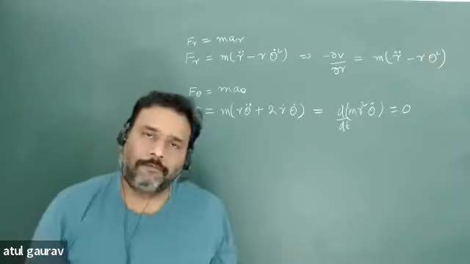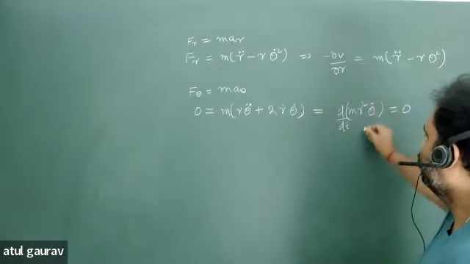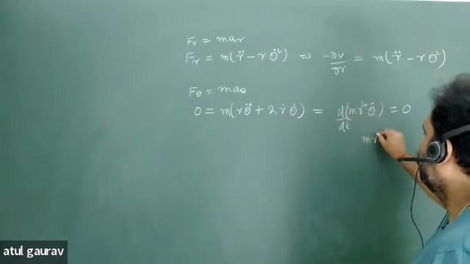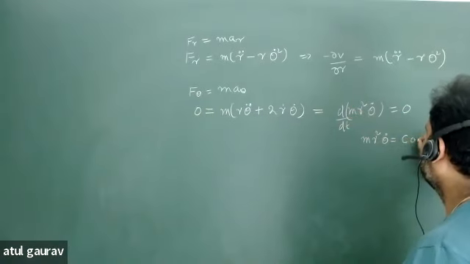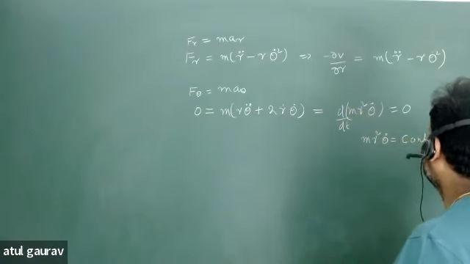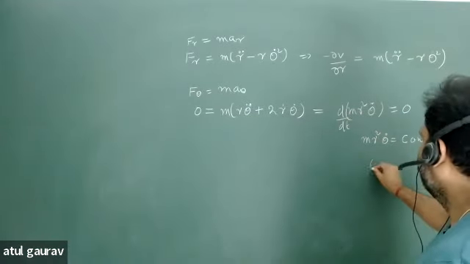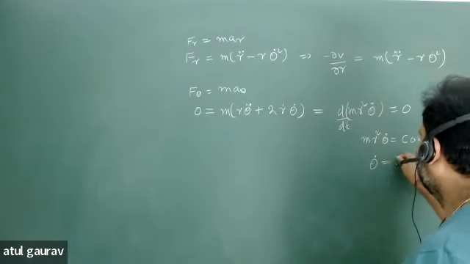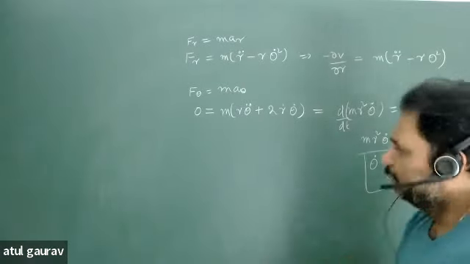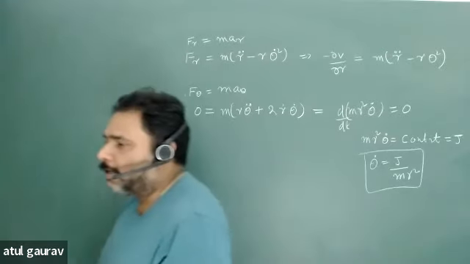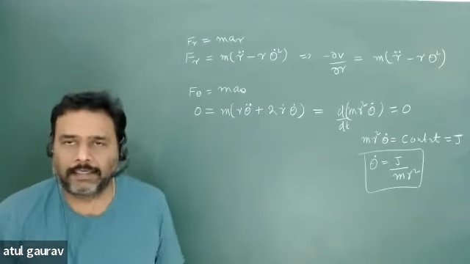And from here, we can easily say that this is nothing but the angular momentum, and m r square theta dot is equal to constant. Let's say this constant value is equal to j. So we have theta dot is equal to j upon m r square, where j is identified as the angular momentum of the system.